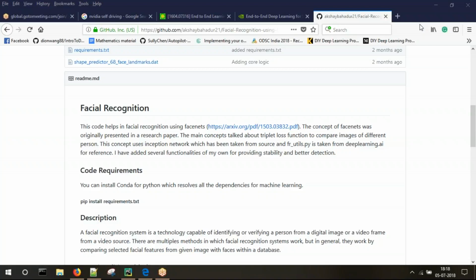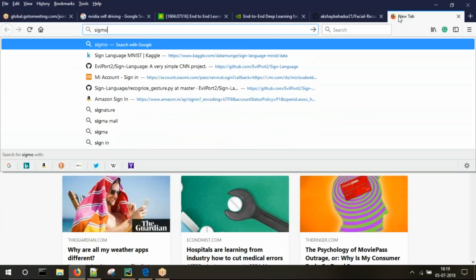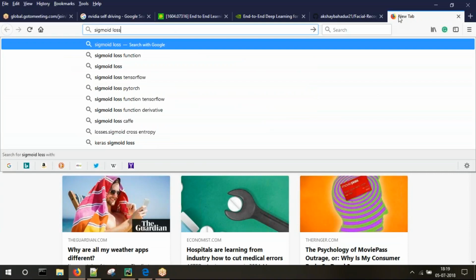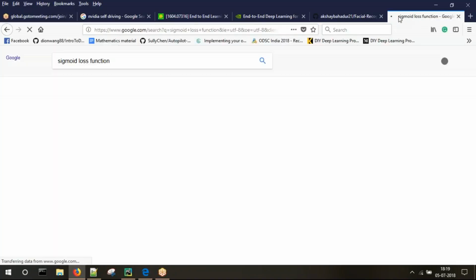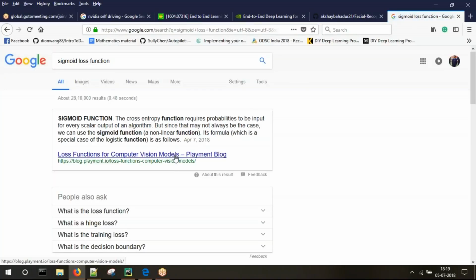So we have different loss functions. Let's say when you are going for a sigmoid function, where you are doing some binary classification, in that case we use a sigmoid loss function. If you search for a sigmoid loss function, you will get the exact picture that I'm referring to.